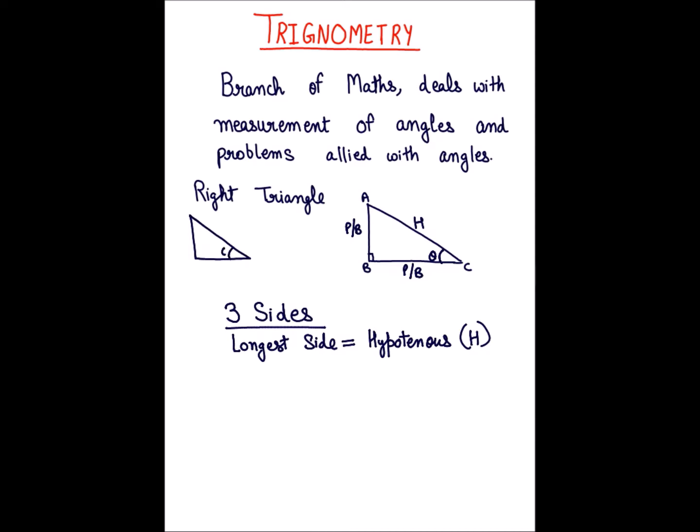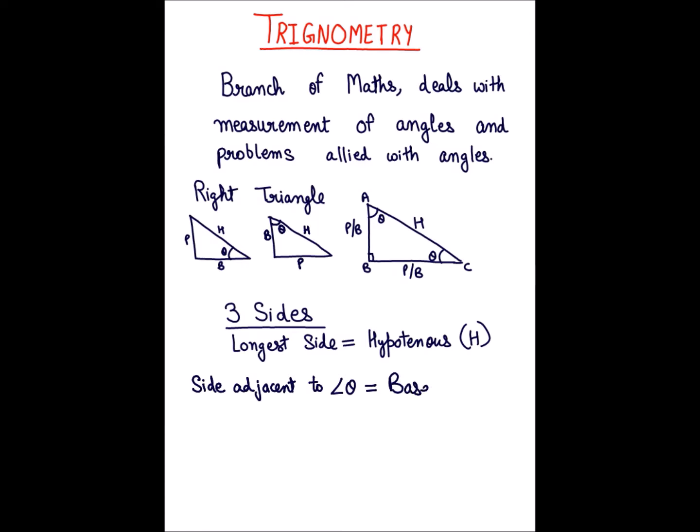Like in the first case, if we take angle C as theta, then the side adjacent to angle C will be the base, and the side opposite to angle theta will be perpendicular. Similarly, if we take angle A as the angle of measurement, then the side adjacent to angle A will be base and the side opposite to angle A will be the perpendicular.